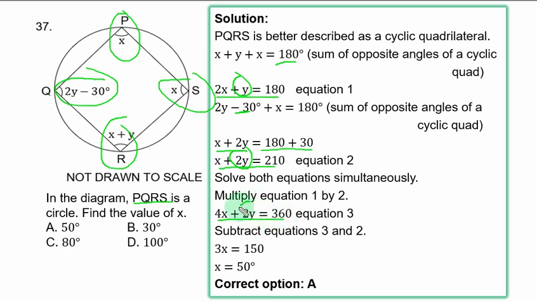Now the coefficients of y are the same. You can now subtract equation 2 from equation 3. So you have 4S minus S, you have 3S. 2y minus 2y is gone. So you have 360 minus 210, that is 150 degrees. Divide through by 3. So S is equal to 50 degrees.